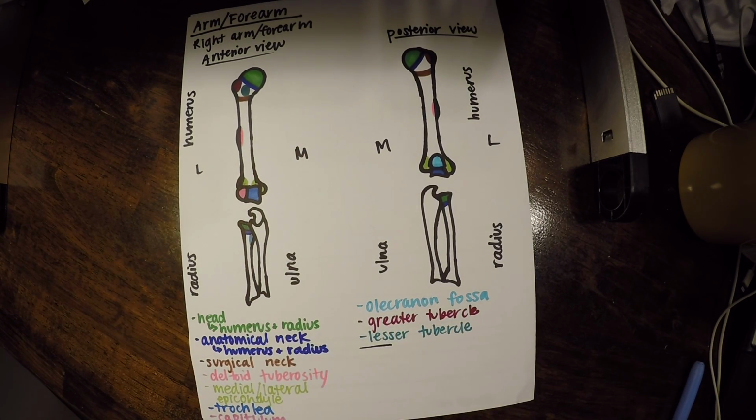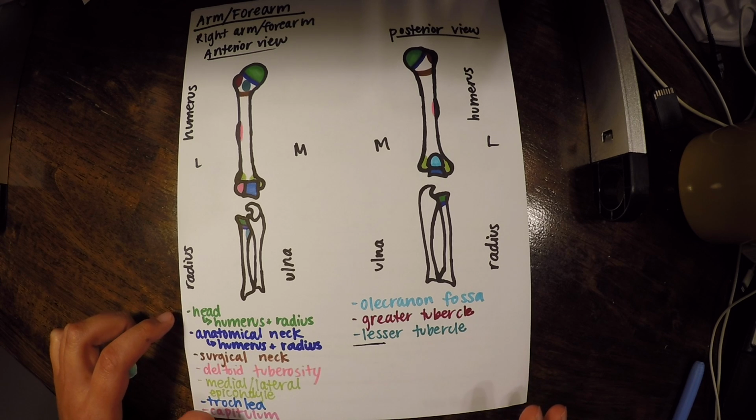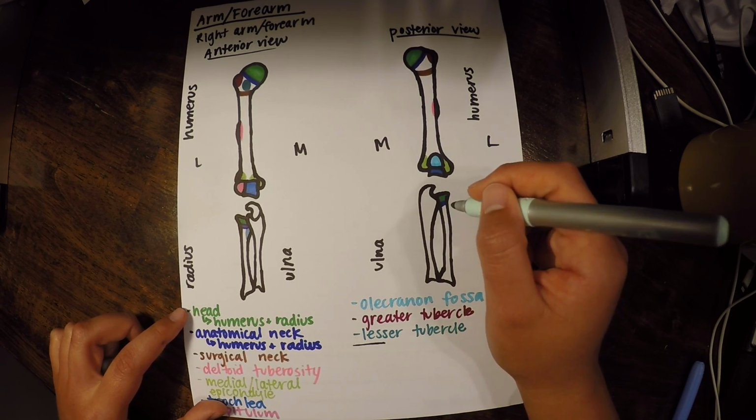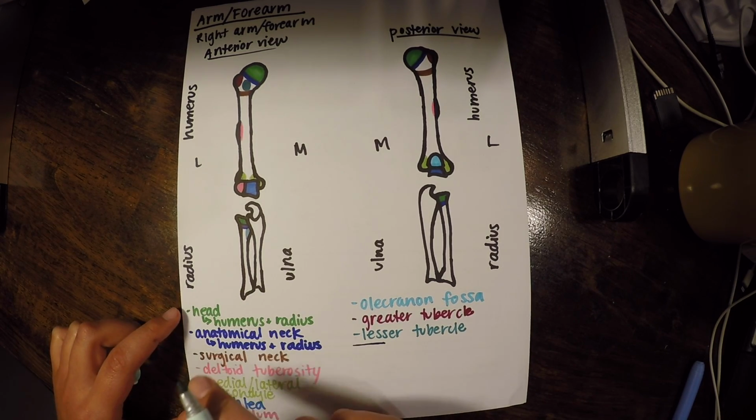That radial tuberosity is one of the places where the radius connects to the ulna. So just remember, everything has a purpose here. We can also see the radial tuberosity a little bit on the posterior view, but it's much more visible in the anterior view.